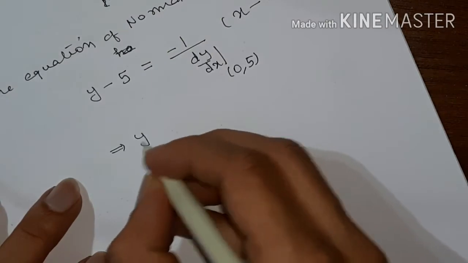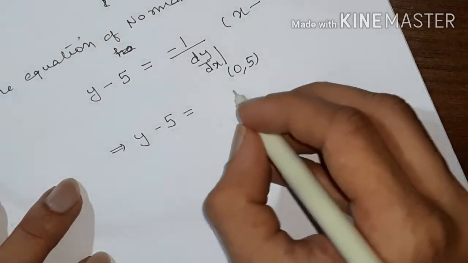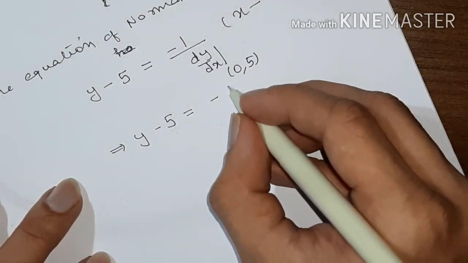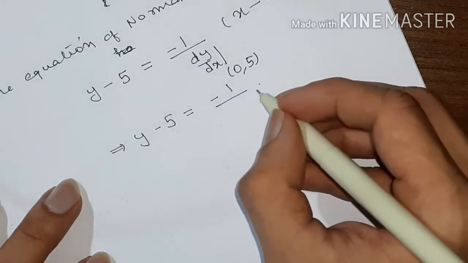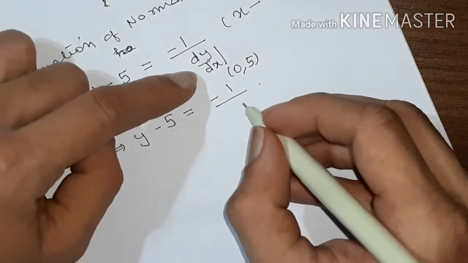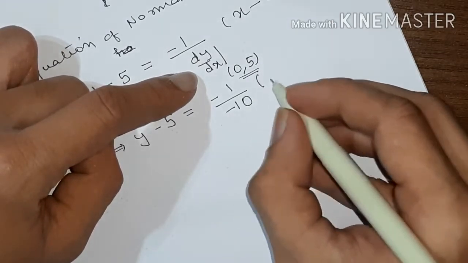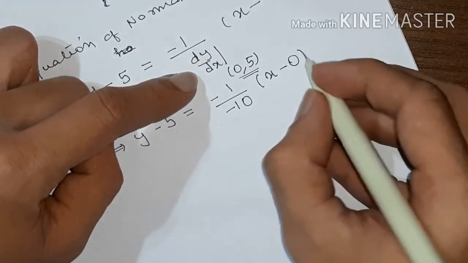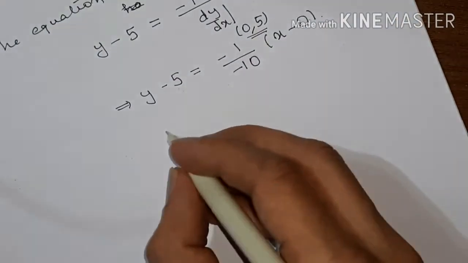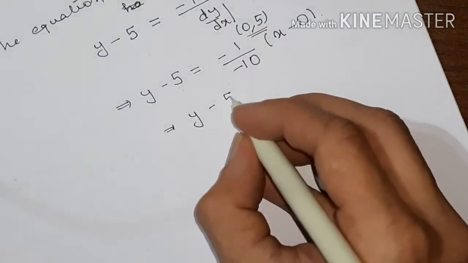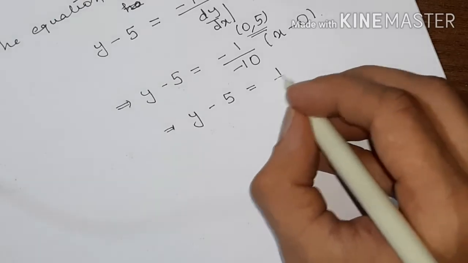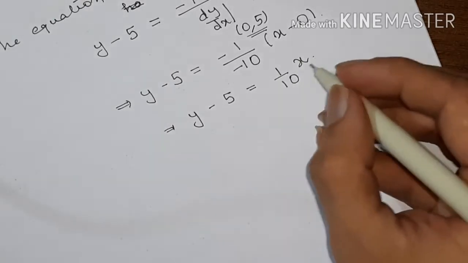So you will get y minus 5 equal to minus 1 divided by minus 10, which is dy by dx at the point 0 comma 5, multiplied by x minus 0. So y minus 5 equal to x by 10.